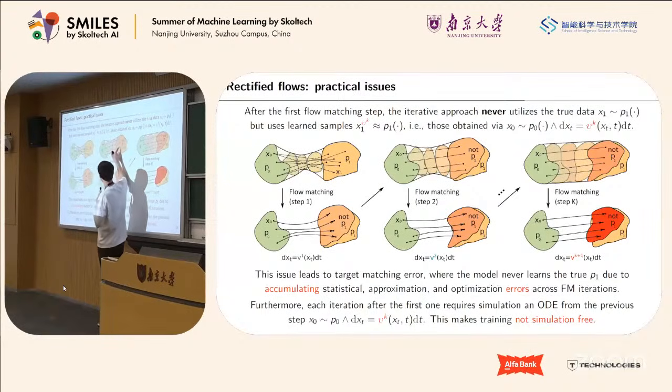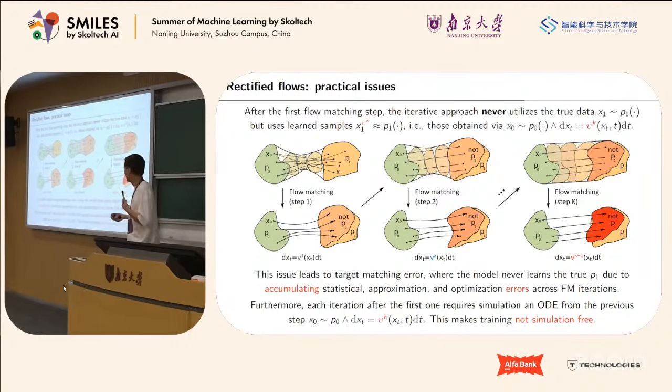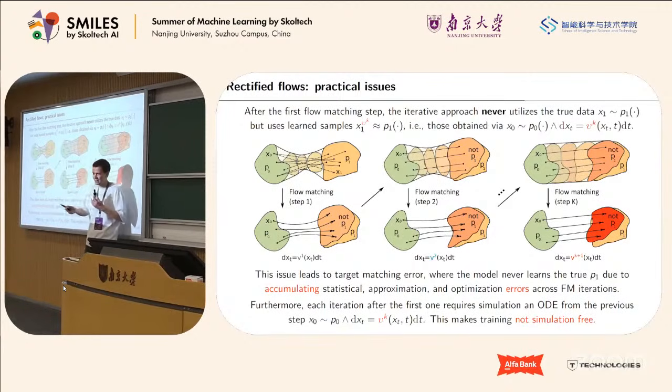So roughly speaking, when we do the second step of flow matching, we already train on synthetic data, which has the same problem. First of all, there is already some error. Then after training, we further increase this error because we train on synthetic data. And this error repeatedly accumulates.